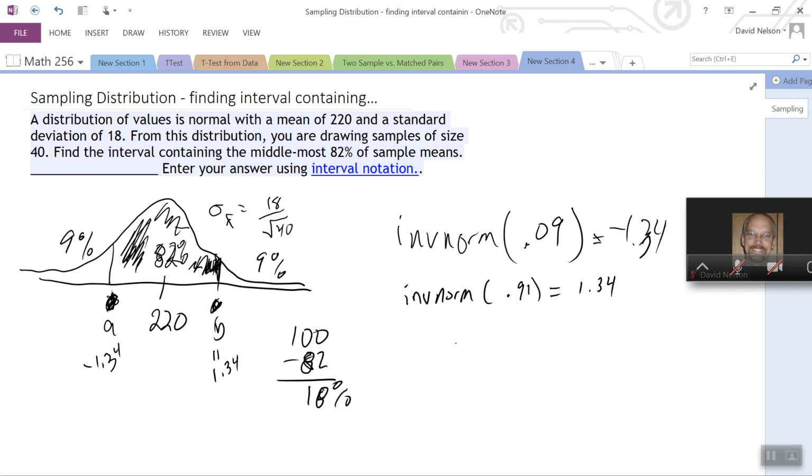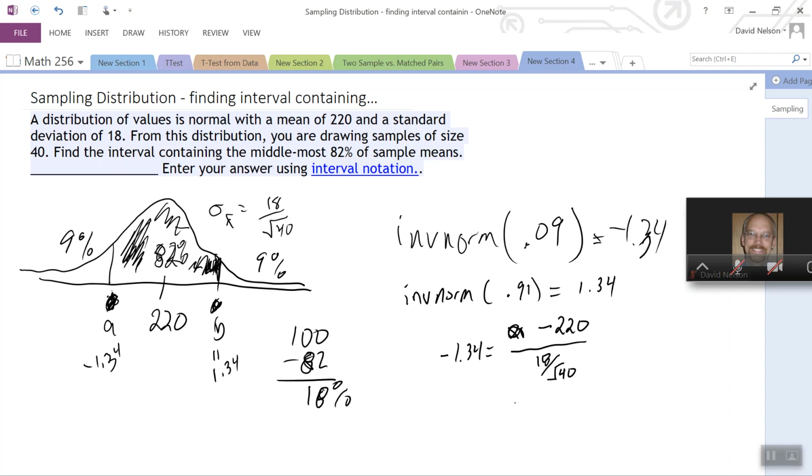So what I want to do is take that negative 1.34, which is equal to whatever value I'm looking at, the A value on my distribution, minus the mean, divided by the standard deviation. For our distribution, that's 18 over the square root of 40.